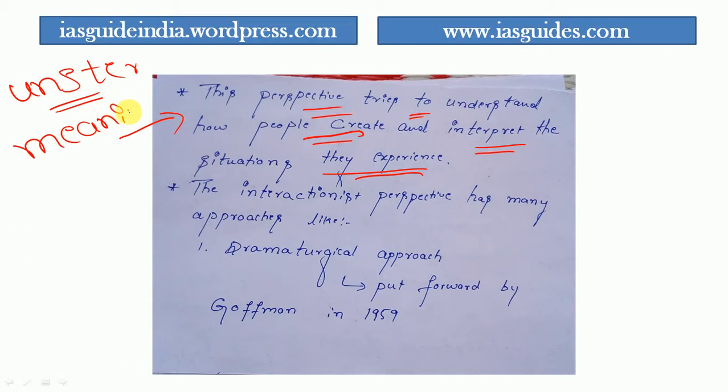Who will give the meaning for daily activities? Definitely people will give the meaning for daily activities. Daily we observe people and what kind of interactions they are having, and we behave like that. That is known as how people create and interpret situations by experience.